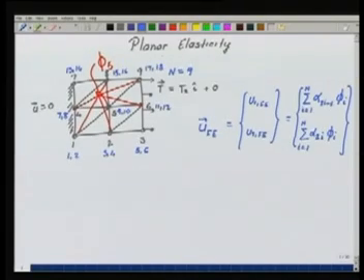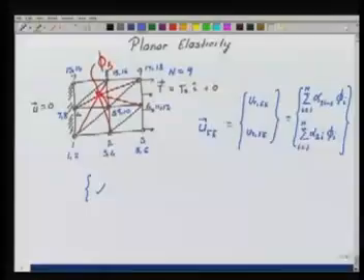So the total number of unknowns becomes twice the number of nodes, which is 2n, because we are talking of a problem which has 2 unknown functions. So here it is 2n number of unknowns. Our job was to try to set up the 2n equations that we have to solve in order to get these 2n coefficients alpha I. This is of size 2n.